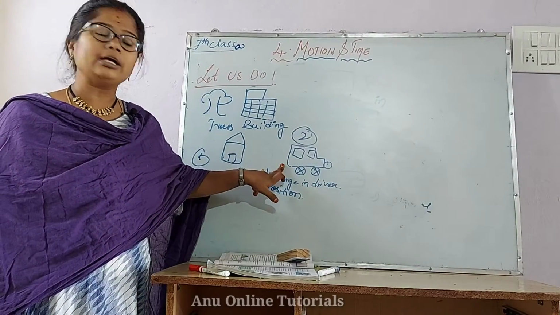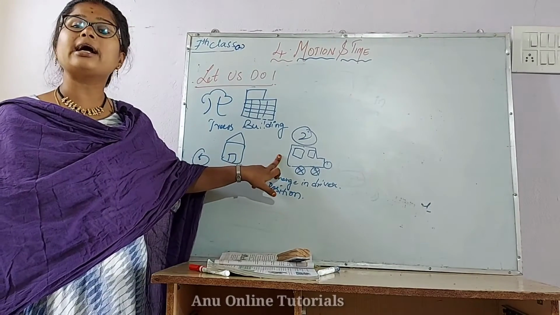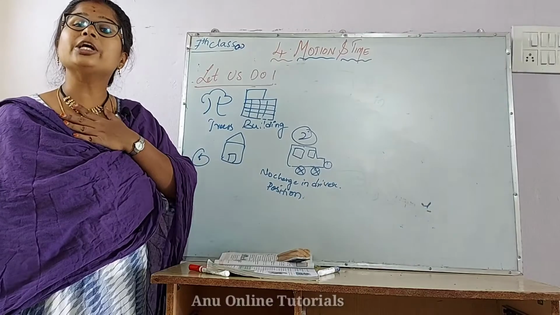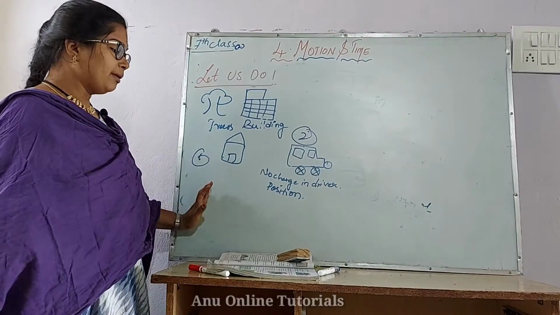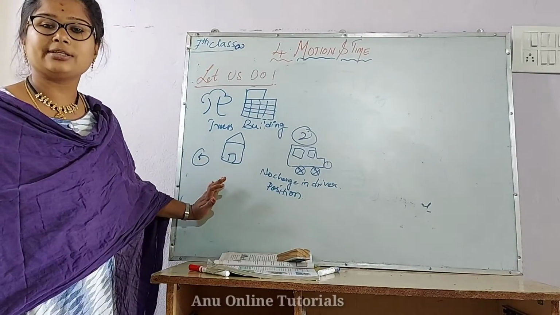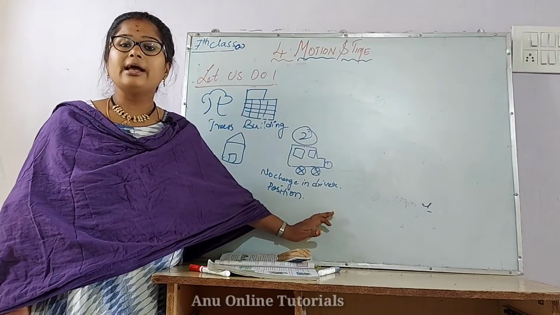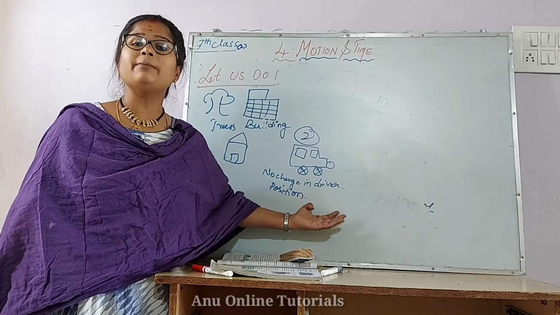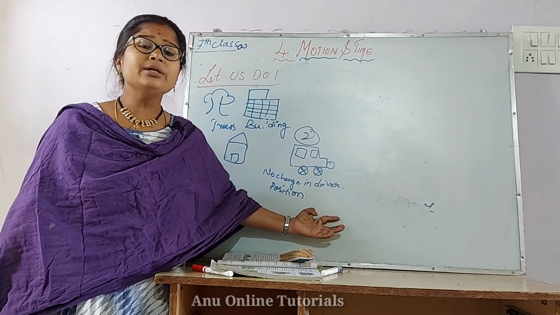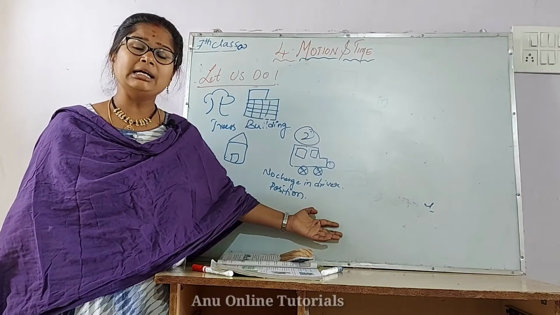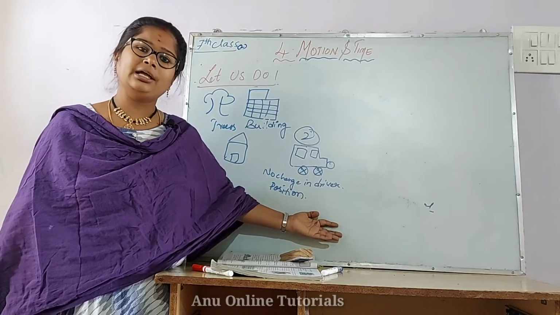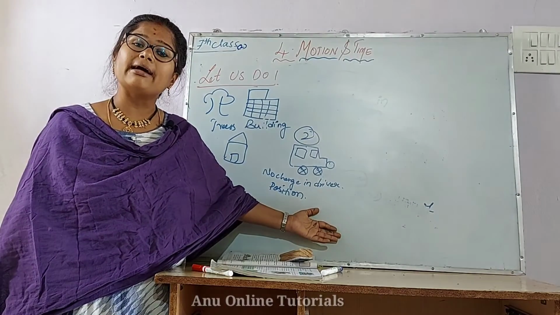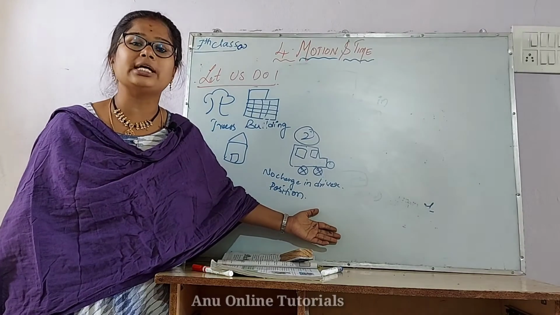Even the driver and the passenger in the car are moving, because with respect to me they are changing position. Before, the car was at the back of the building, and after, the car is in front of the building. Means the car, the passengers and the driver in the car are changing their positions, I will say.